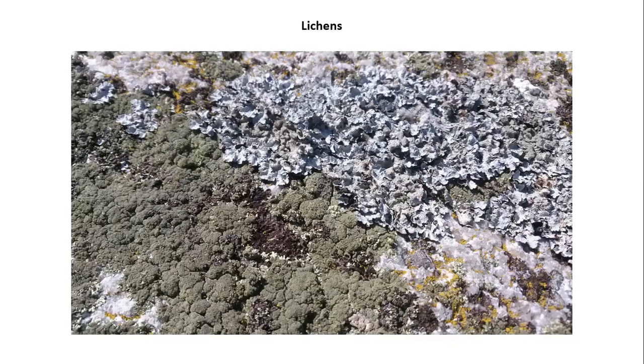You've got what they call crustose lichens, and the crustose ones are like crusts on the rock surface. So this is this grey, greeny one on the bottom left. That's crustose lichen. And then you've got what's called foliose, because it looks a bit like foliage. And that's this flaky, light grey one on the top right.